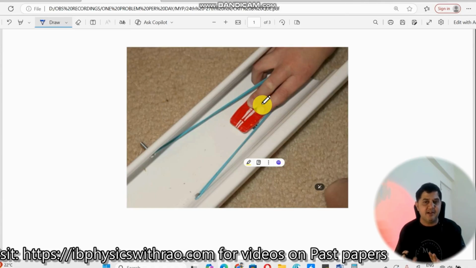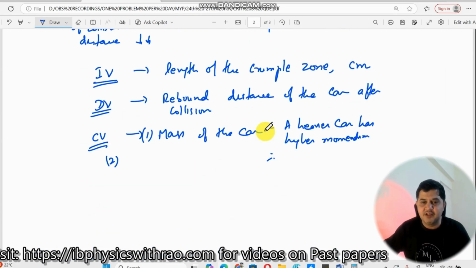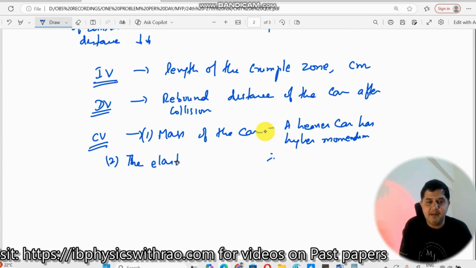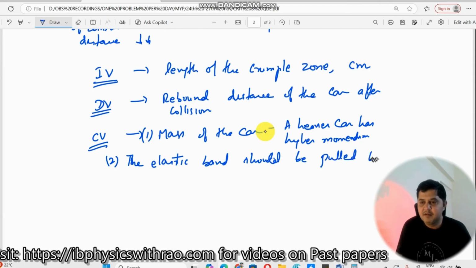If it has to remain constant, then the pulling length should be the same, so you have to write that also. The elastic band should be pulled by the same distance every time. Maybe you can say 10 centimeter, for example.